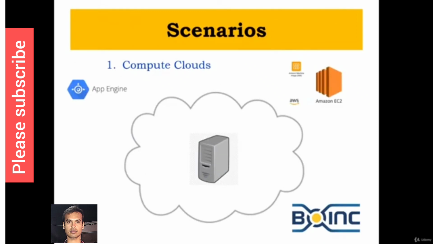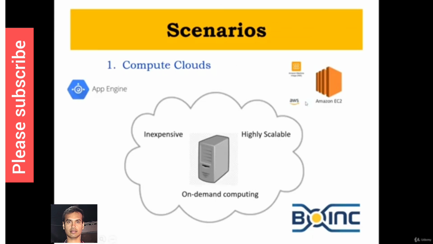The compute clouds allow access to inexpensive, highly scalable, and on-demand computing resources that run the code they are given. There are three examples of compute clouds. First is Google's App Engine.